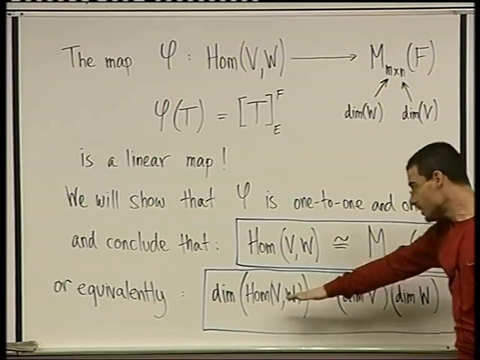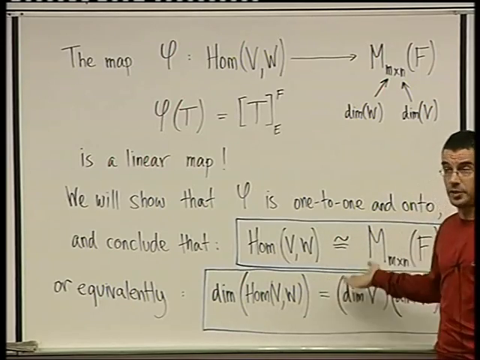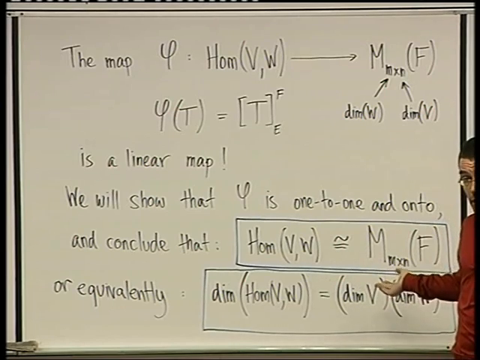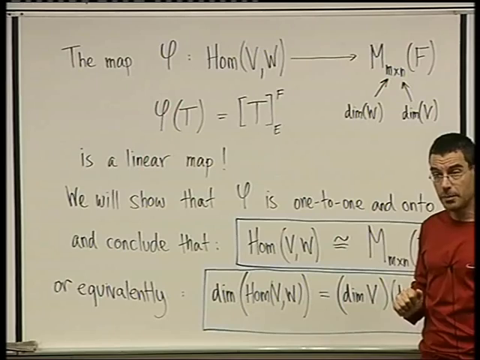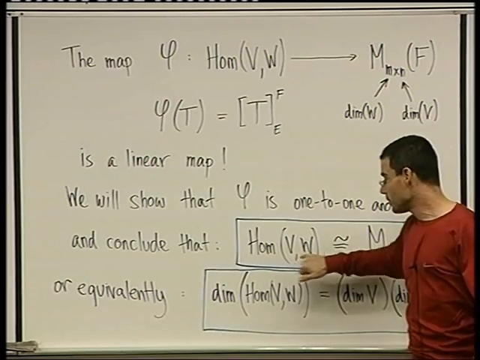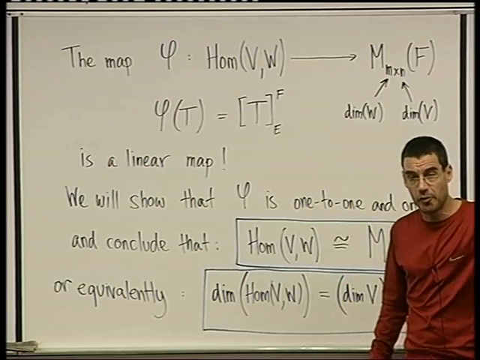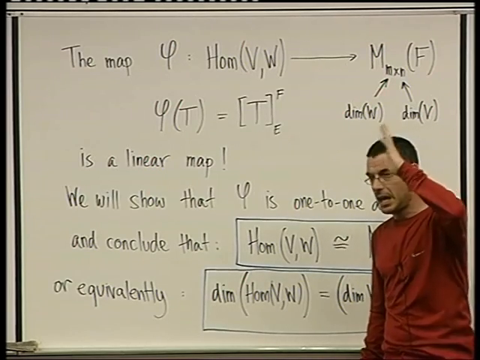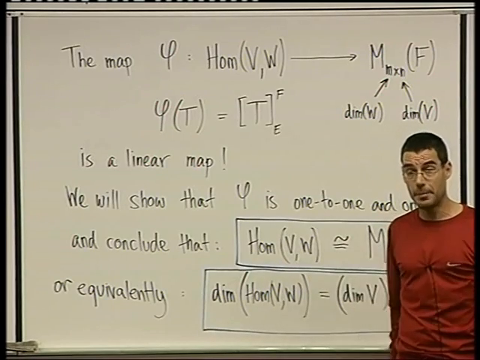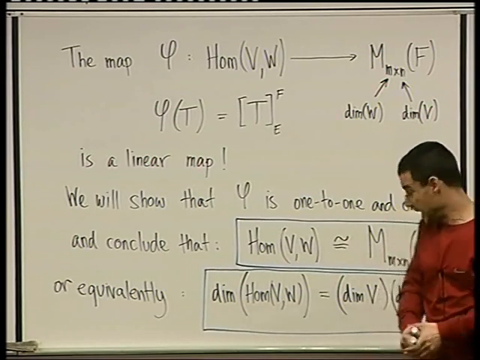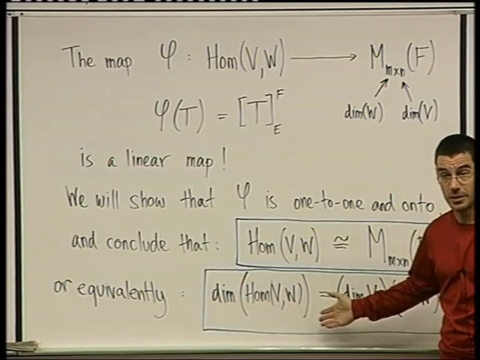Okay? And in particular, this is equivalent to a statement about dimensions. So how many linear maps are there between two spaces? How many different linear maps are there between R4 and R3 of X? Answer, well, at least you know the dimension, right?